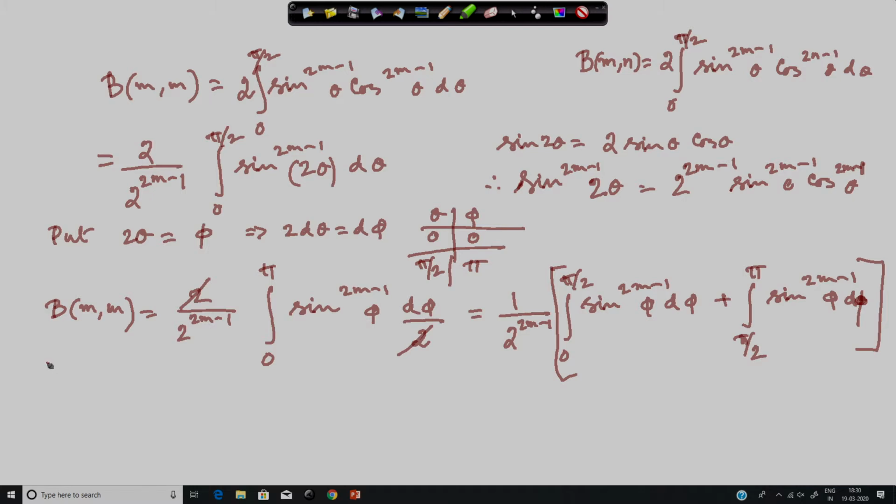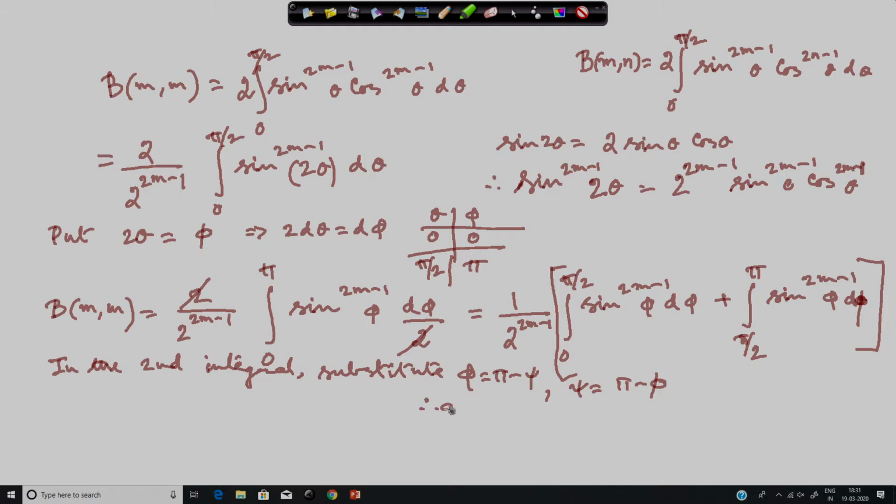In the second integral, let me substitute φ equal to π minus ψ, or I can write ψ equal to π minus φ. Therefore, dφ is minus dψ, and what about the limits?